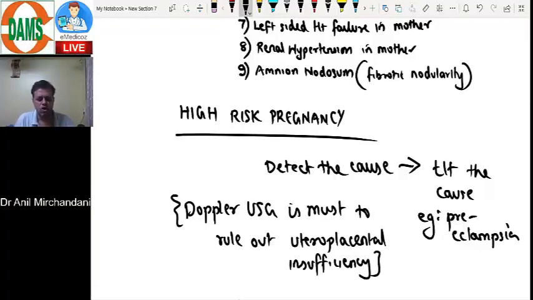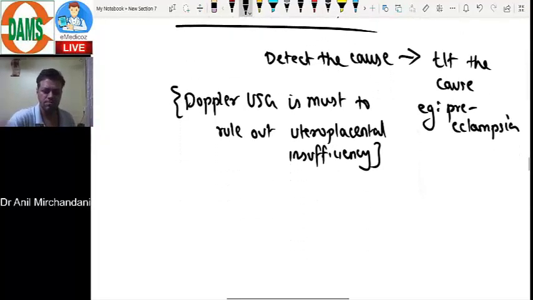Doppler will tell us whether the blood flow to the placenta is normal or not. If blood flow to the placenta is abnormal, uteroplacental or fetoplacental insufficiency could be there in a case of oligohydramnios.